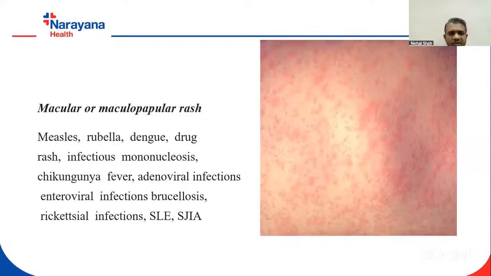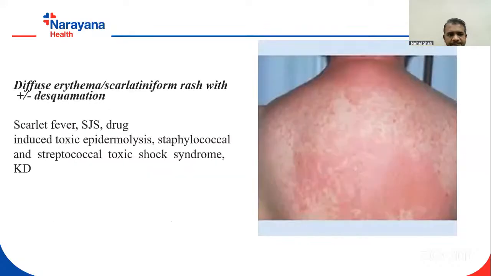The most common causes of such a rash are measles, rubella, dengue, some drug rashes, infectious mononucleosis caused by EBV, chikungunya, adenovirus infections, enteroviral infections, brucellosis, not so common but once in a while we do see it, rickettsial infections, and non-infectious causes like lupus and systemic onset JIA. All of them can give you fever with this kind of maculopapular rash.